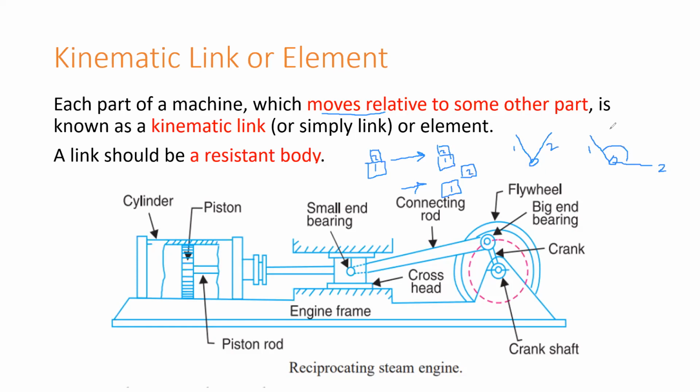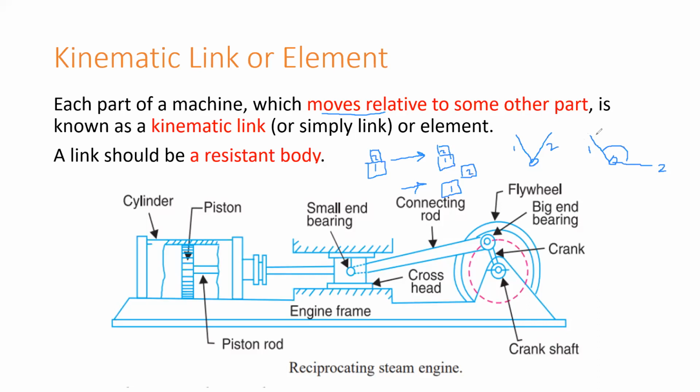Are you getting? Okay, so it is a very basic criteria, please understand. With the help of this concept, you can count how many links there are in one mechanism.